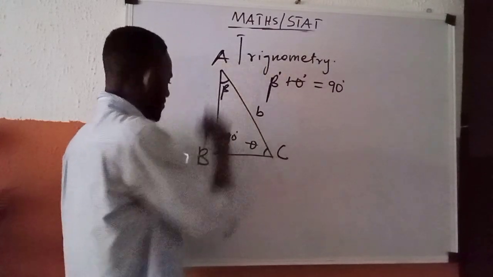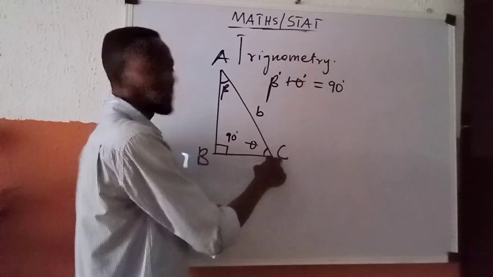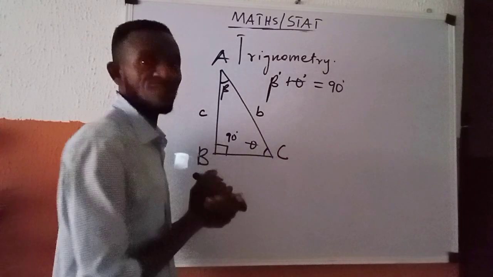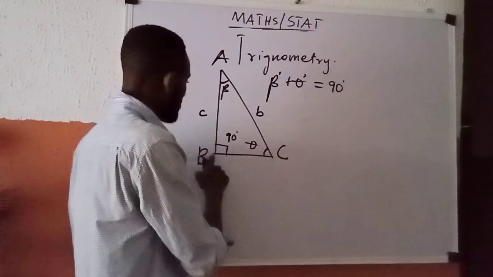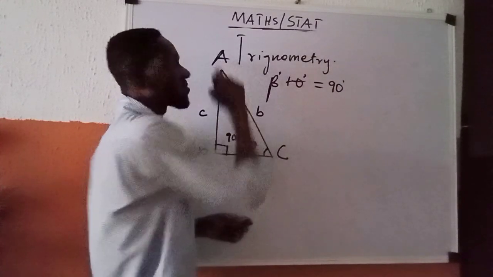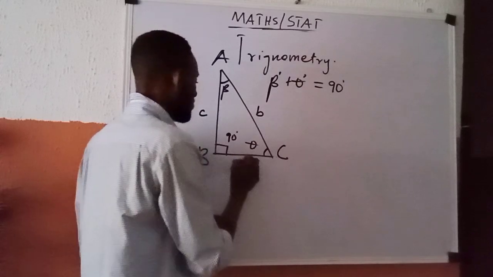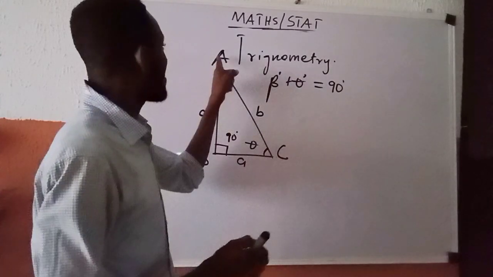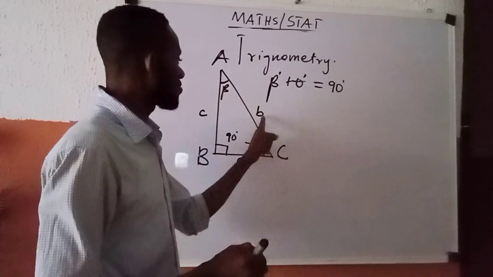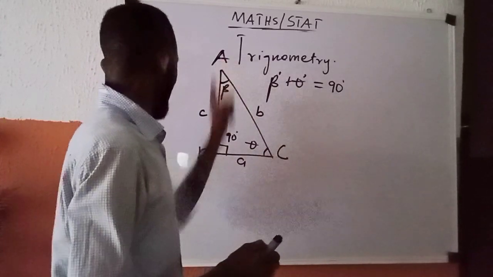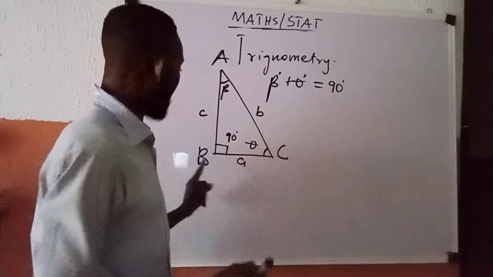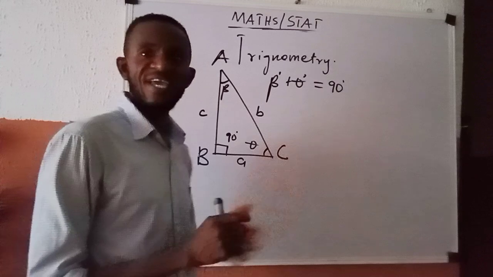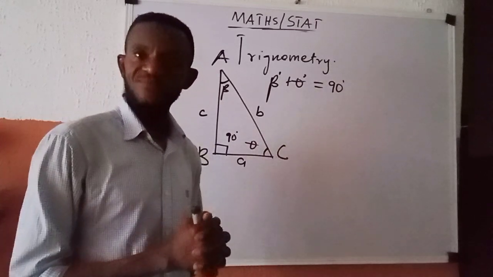This length A to C is opposite to this capital letter B, so I'm going to write here small letter b. And this length B to C is opposite to this capital letter A, therefore I'm going to write small letter a. Therefore, line AC is b, line AB is c, and line BC is a. This is what we call a right angled triangle.